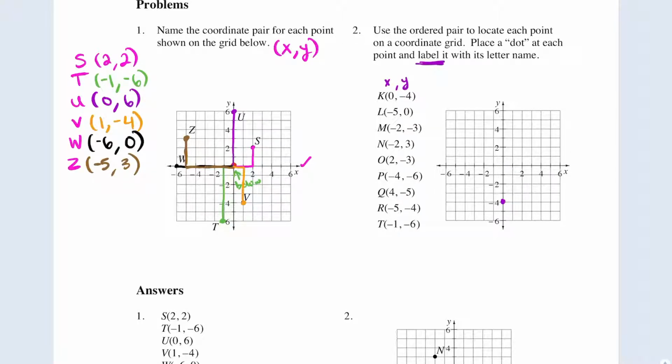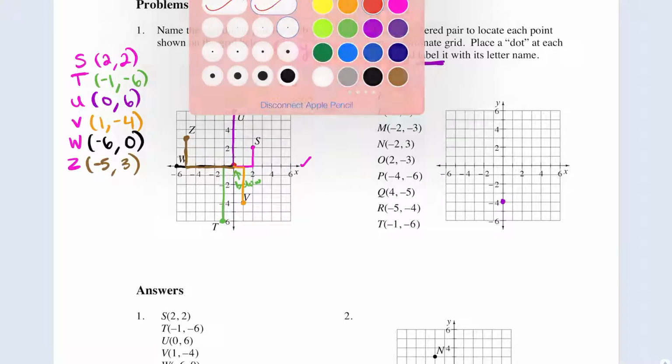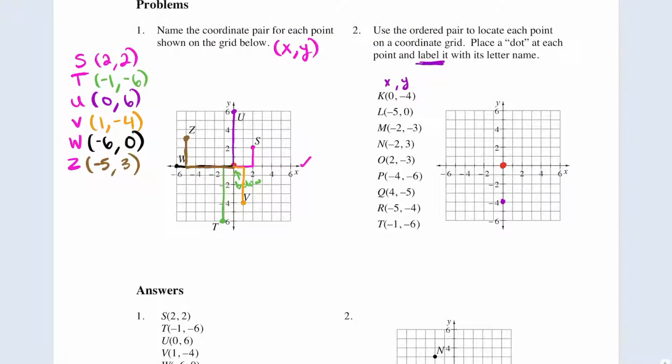I don't want you to get confused with this dot. I'll put a big red dot at the origin again. Okay. And so, oops. This dot I just drew is point K at 0, negative 4.